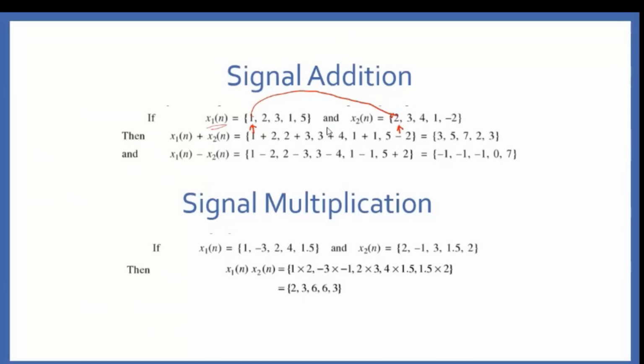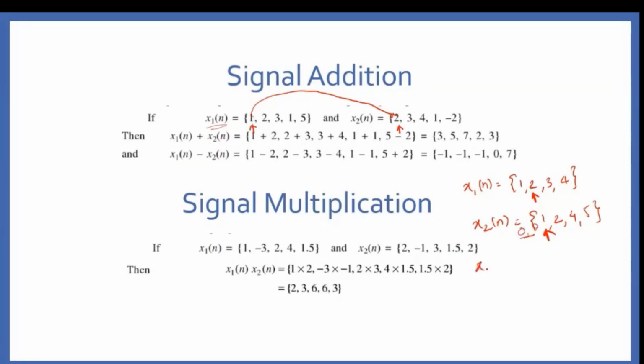There is nothing much to explain in signal addition. The thing you have to remember is that you do pointer to pointer addition. When I say pointer to pointer, there might be a case like this: suppose x1 is 1, 2, 3, 4, with the pointer at the second place, and there is an x2 signal 1, 2, 4, 5 with the pointer at the first place. Now I have to assume that if there are no values on the left side, they are zeros.